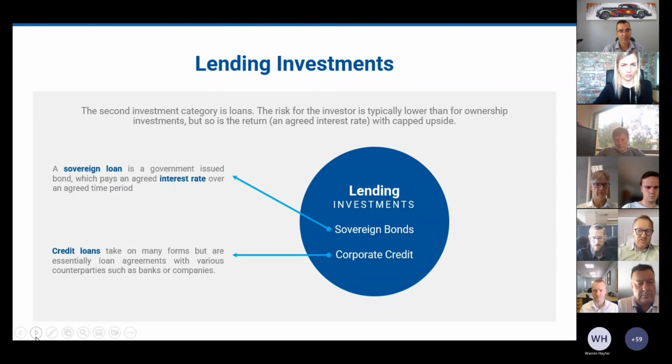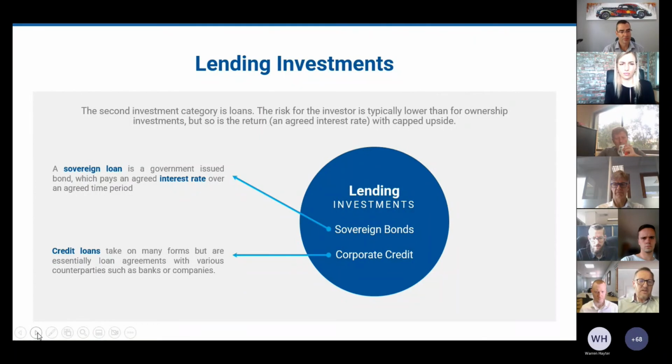And there are a number of ways to categorize these, but as I say, we've categorized them as sovereign and corporate. Sovereign loan, quite simply, a government issues a bond. You as the investor loan the money to the government and derive a fixed interest rate. A corporate is essentially the same.